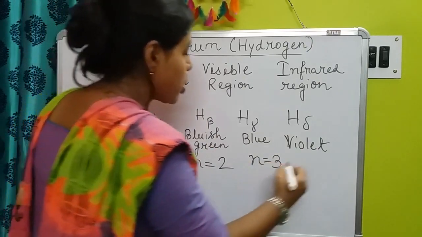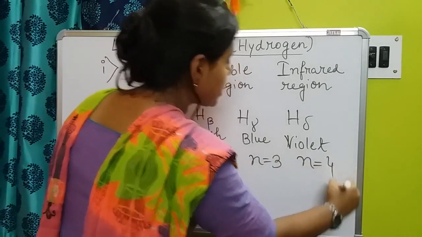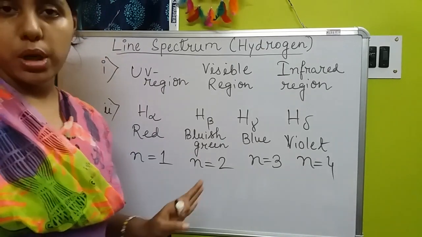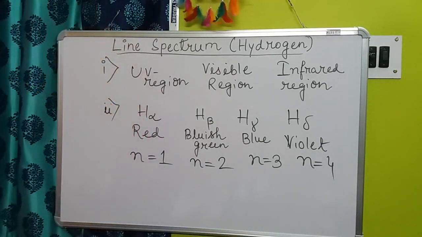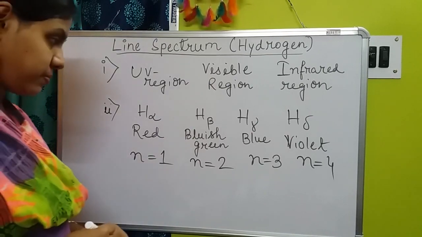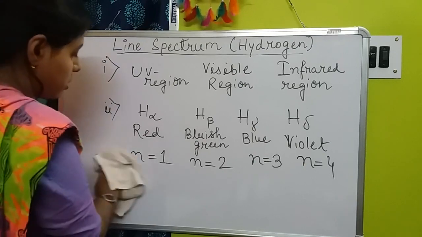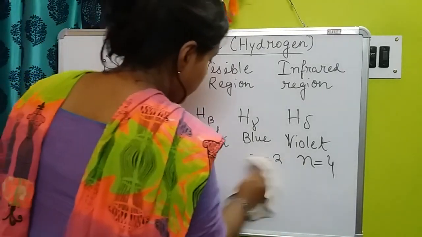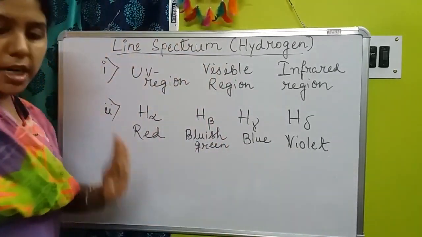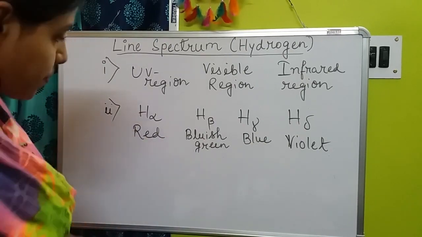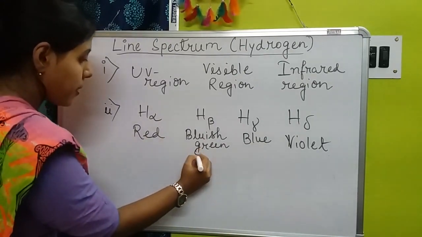For blue color, it is denoted as 3, and for violet, it is denoted as 4. The principal quantum number was not designated at that time; later it was designated.